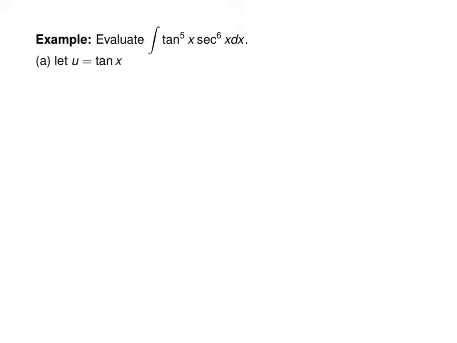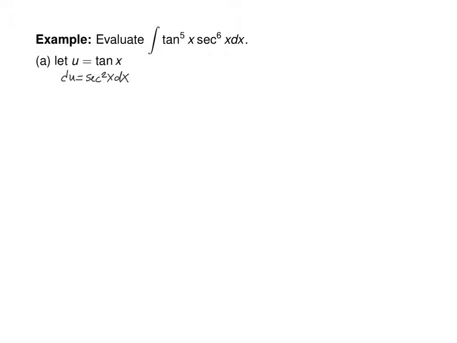All right, now as promised, here is an example for which there is more than one way to do it. Personally, I would probably see the first way first, because I know the derivative of tangent is secant squared more readily than the derivative of secant is secant tan. But either way works. If you choose to let u equal tan, du is secant squared x, and you have to convert the other secants into tangents.